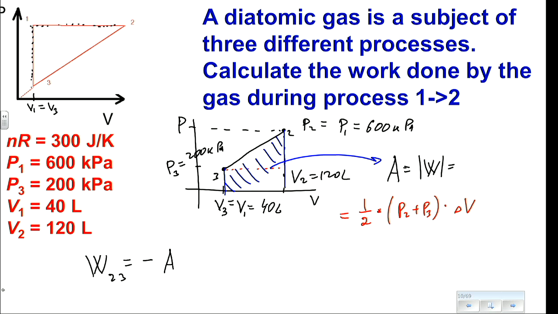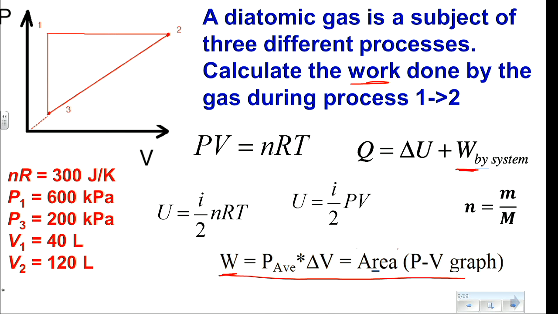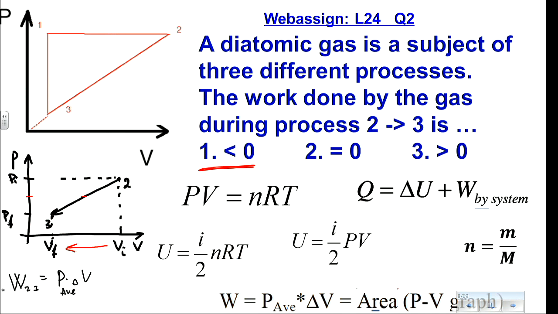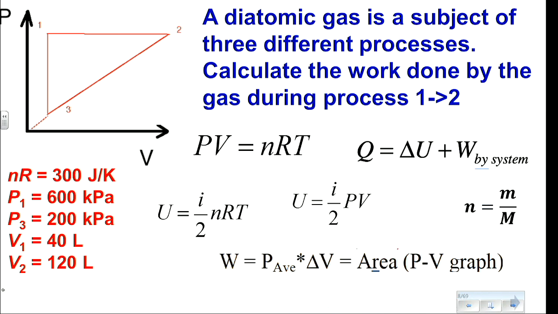Which again agrees with this calculation, because the average pressure for the linear graph is just initial plus final over 2.